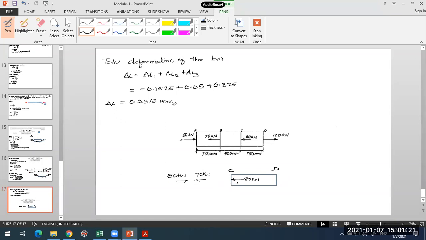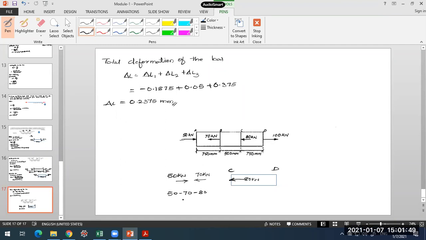Minus 80, it is towards left. I'll take this to be minus 80 minus 70 plus 50. What happens if you add all these together? The forces which have left side direction, I am taking them as negative.